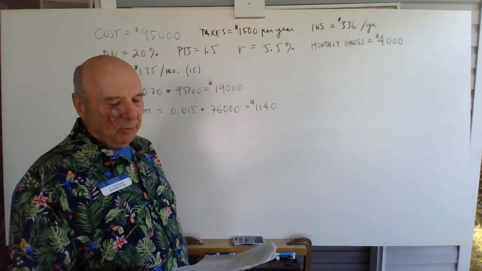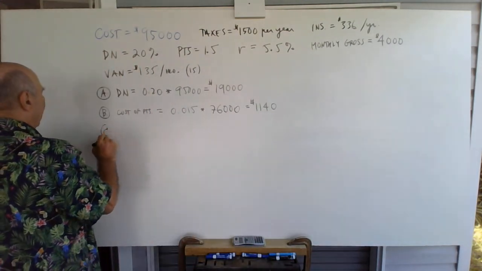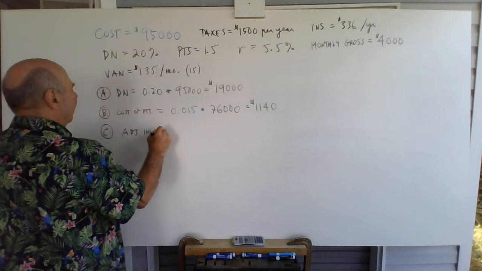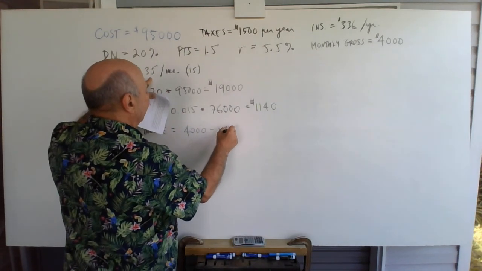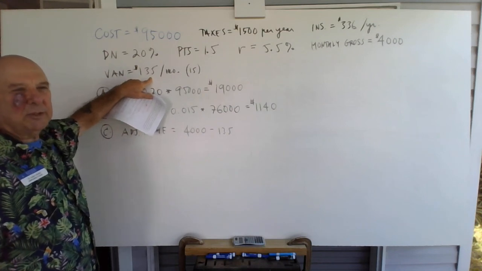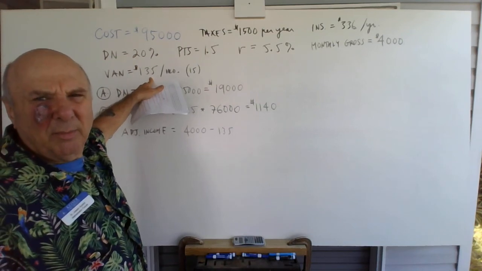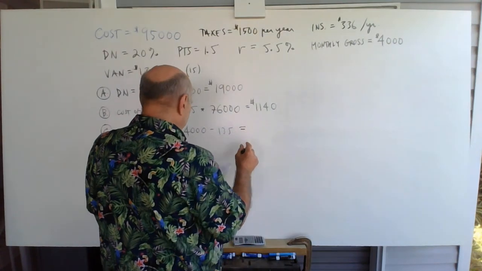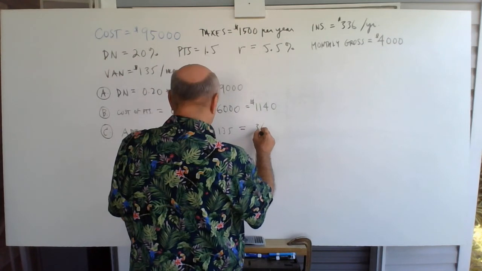Okay, what's 28% of her adjusted monthly income? Well, her adjusted monthly income is $4,000 minus $135, because we have to account for any outstanding loan payments. I think it's 9 or more, 10 or more. I'm not quite sure, but the bank will let you know for sure. So her adjusted monthly income is $3,685.